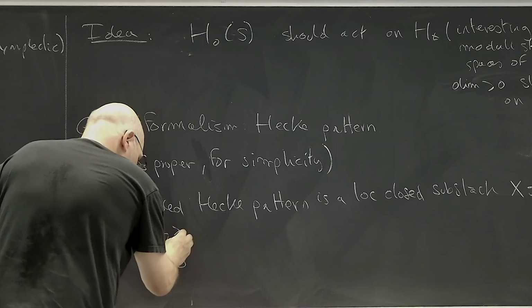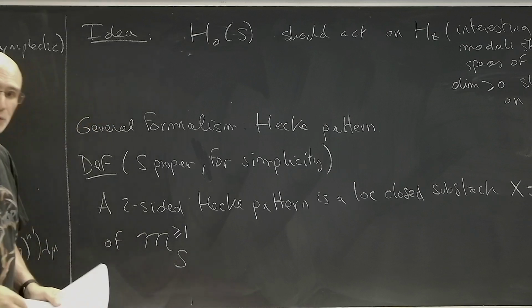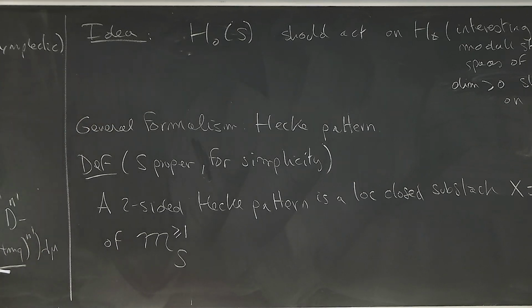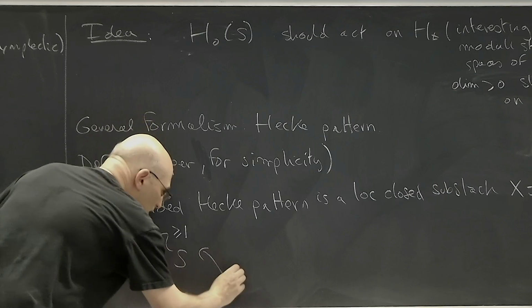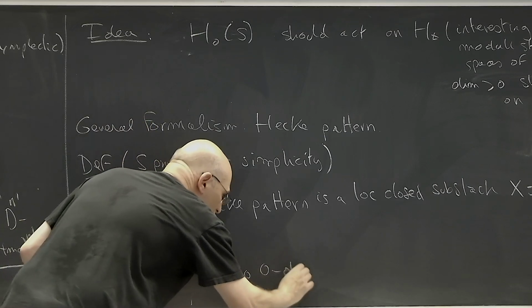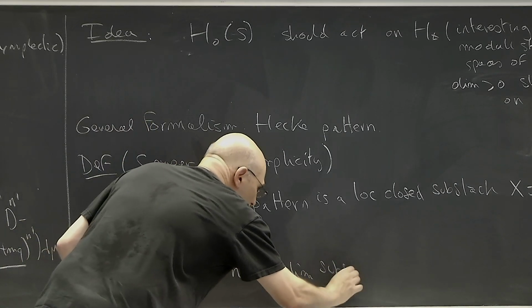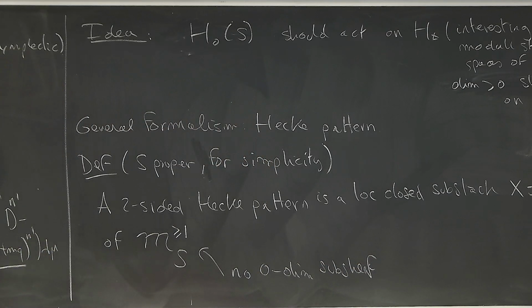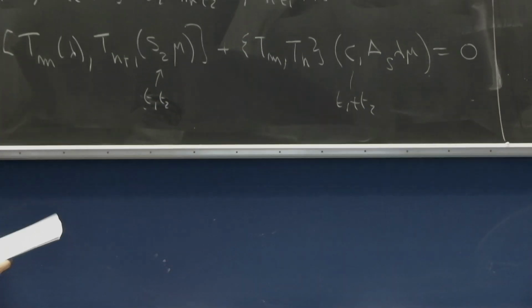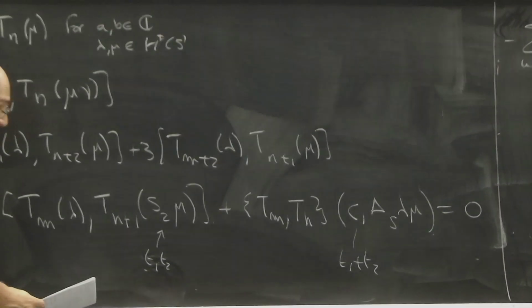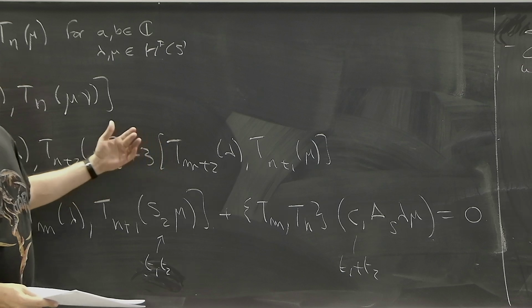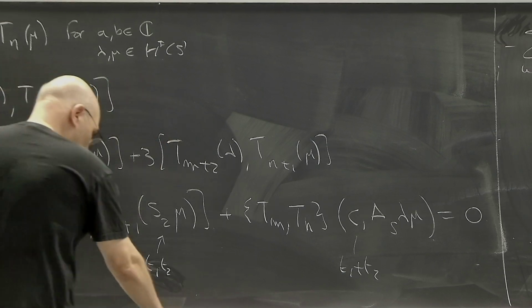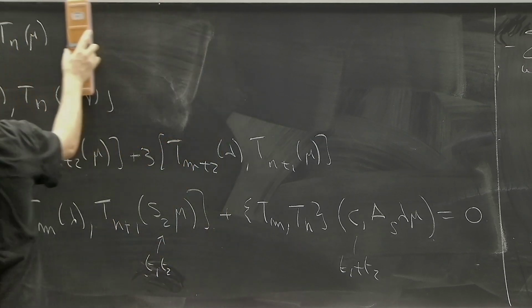Actually, it's better if we just restrict to sheaves which have no zero-dimensional subsheaf. Either pure one-dimensional sheaves, or one- and two-dimensional sheaves, let's say, which satisfy the property that it is stable under Hecke modifications. That's very naive.